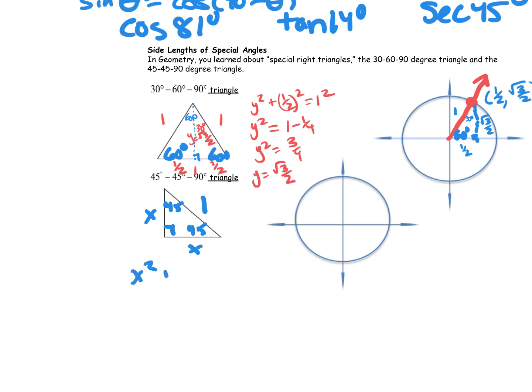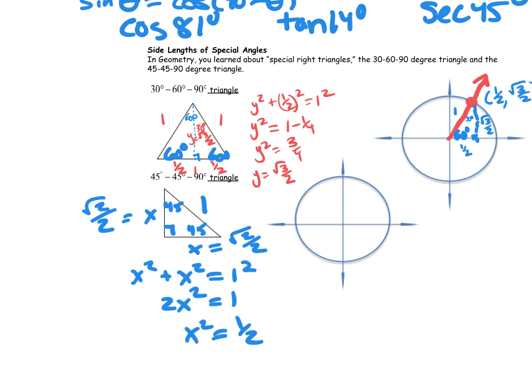So x squared plus x squared equals 1 squared. 2x squared equals 1. X squared is 1/2. Normally it'd be plus or minus, but we're talking about a length of a triangle, so we're going to say the square root of 1/2, or √2/2, rationalized. You could say 1/√2, but let's just rationalize this one. So √2/2.